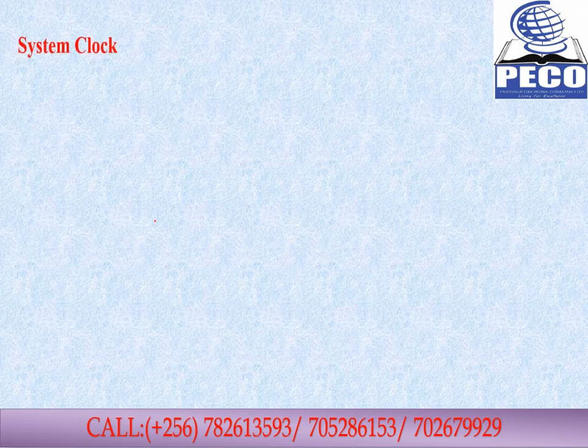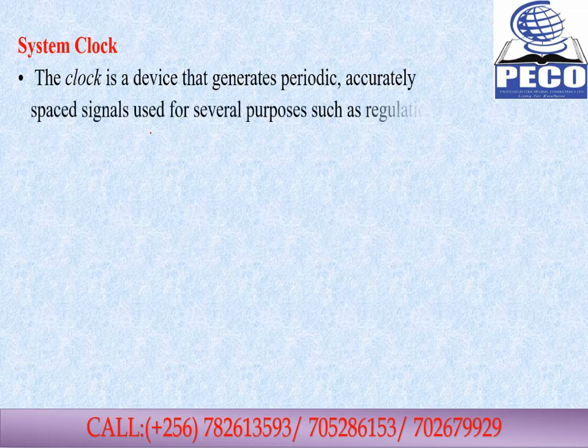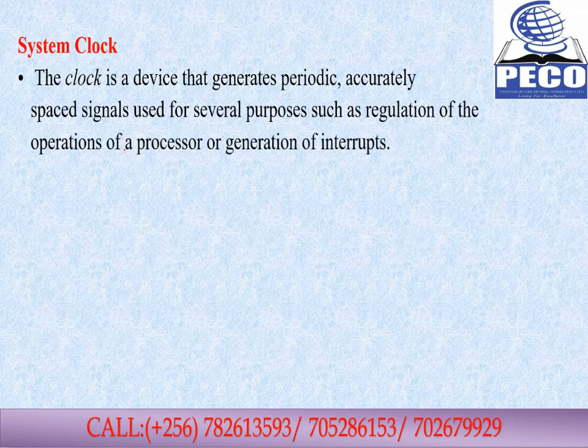So we say a system clock is a device that generates periodic, accurately spaced signals used for several purposes, such as the regulation of the operations of a processor or generation of interrupts. The clock is a device that generates periodic, accurately spaced signals.